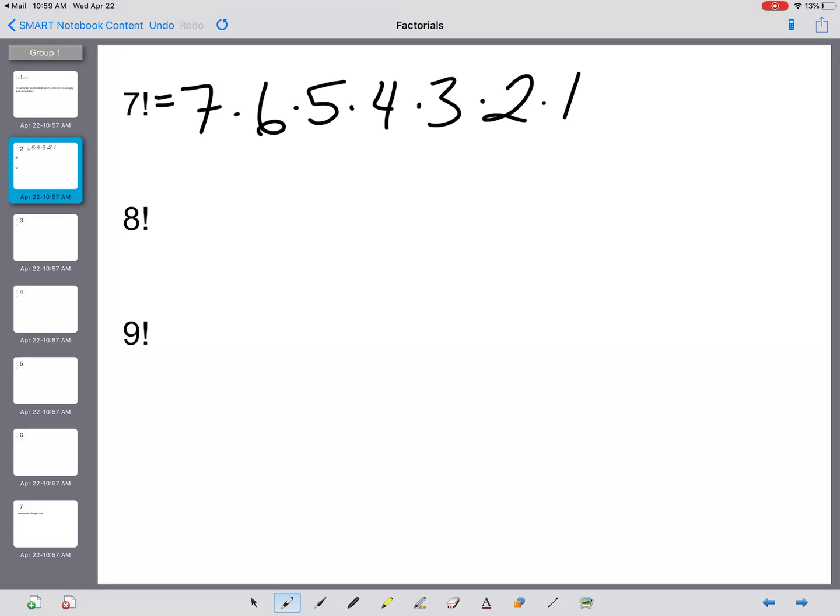We're going to multiply every number from that number down to 1. When I multiply those out on my calculator, we get 5,040.